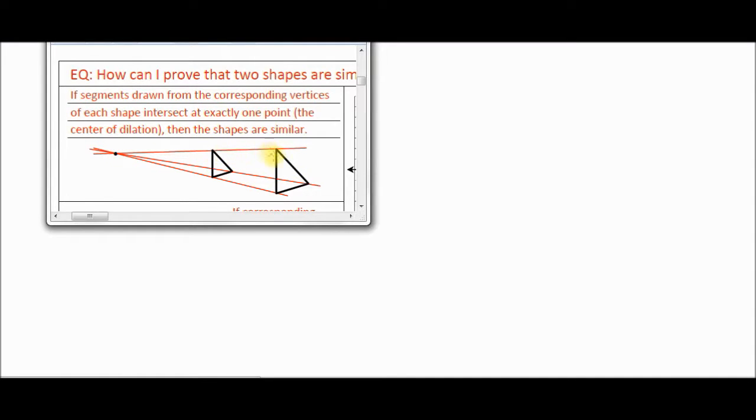Notice these are corresponding vertices of two similar shapes, and let's just label this as the center. Again, it's called the center of dilation. If two shapes actually have a center of dilation, meaning all these lines match up with one point, that means you can prove that those two shapes are similar.